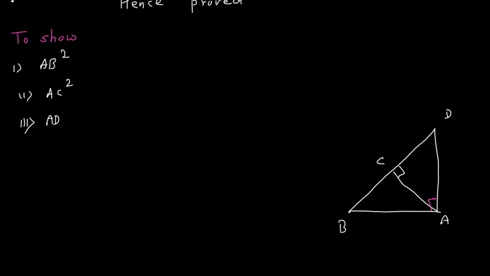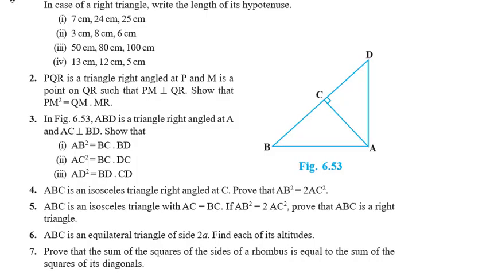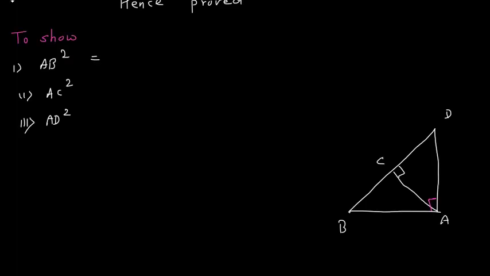Now this AB square, I have to prove that this AB square is equal to BC into BD. This we have to prove.